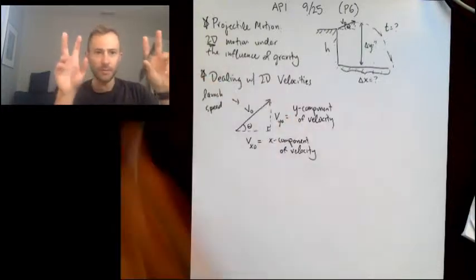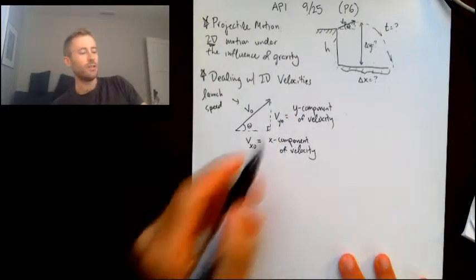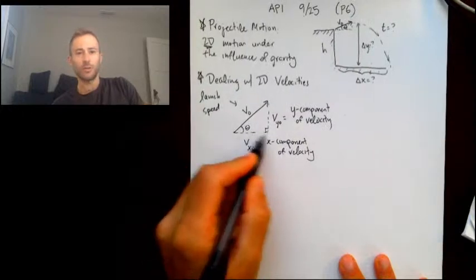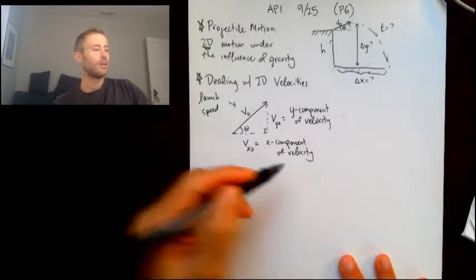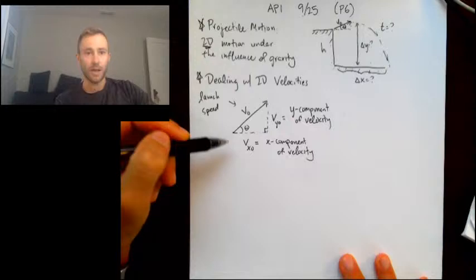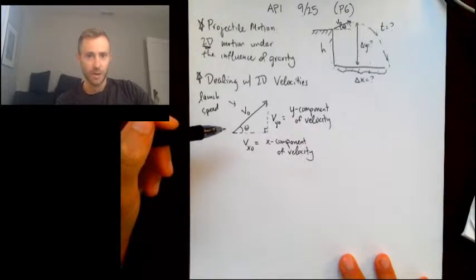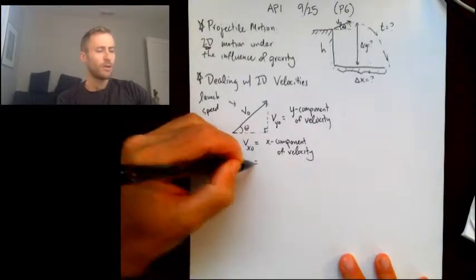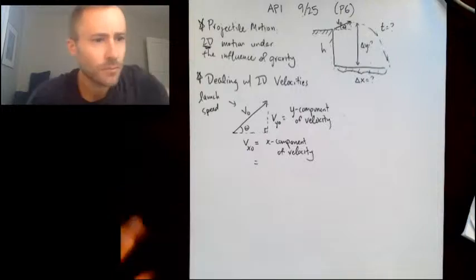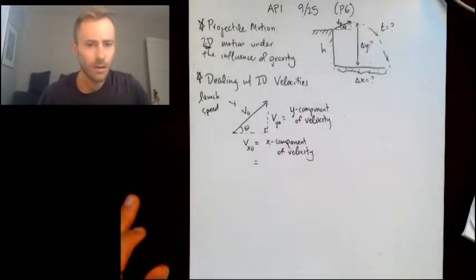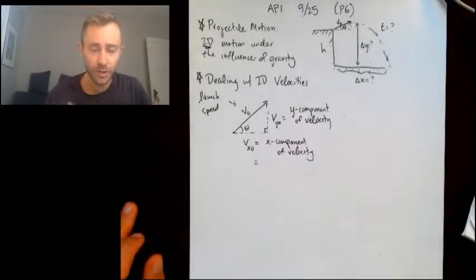Component basically means the corresponding leg of this right triangle. The launch speed you can think of as the hypotenuse. So we're going to do some trigonometry to get the legs of the triangle.